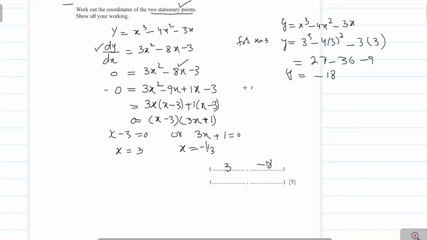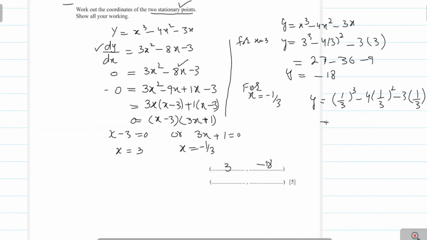Next we calculate the value for x equal to minus 1 over 3. We write here y equal to minus 1 over 3 whole cube minus 4 into minus 1 over 3 whole square minus 3 into minus 1 over 3. And this will be equal to minus 1 over 27 minus 4 over 9 plus 1, and we can write it as 27 is the LCM, multiply 9 by 3, and we multiply 1 by 27.